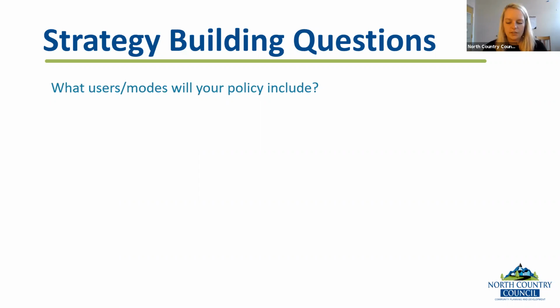Or if you think it's really only feasible to do pedestrians, and cyclists might not necessarily come through, you can always start off small and revise it as you go on, but think about what types of users and modes you want to address in your policy. I'll just skip over that one because we've only got about 4 to choose from anyways.